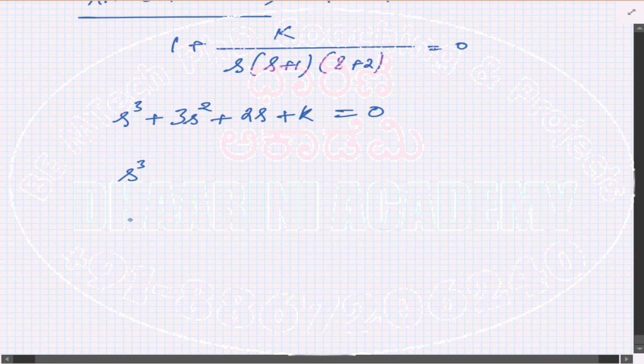So start with the table: s cube, s squared, s to the 1 and s to the 0. This is 1, 3, 2, k and 0. Please fill the table.